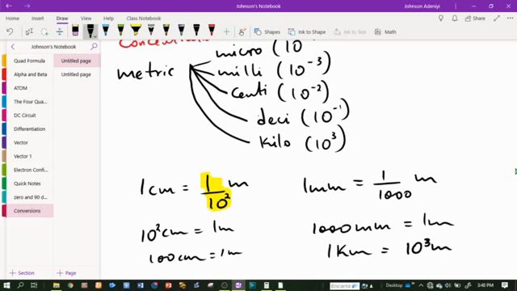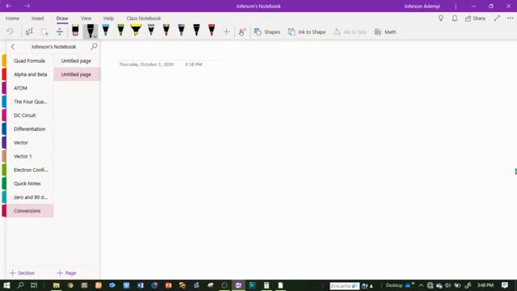Alright, let's go straight into some conversions now. We are going to look at different conversions in different quantities. Let's just pick some random numbers. Let's say we are given 2.15 kilogram per centimeter per second.